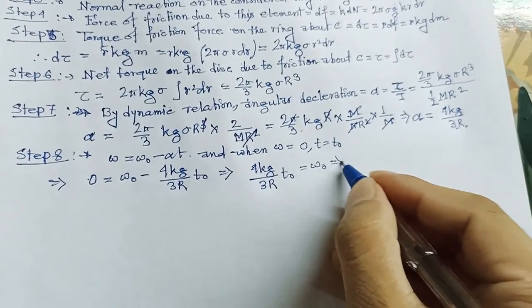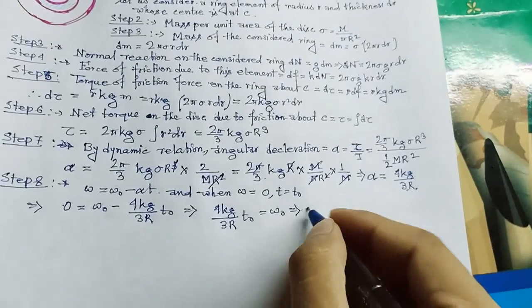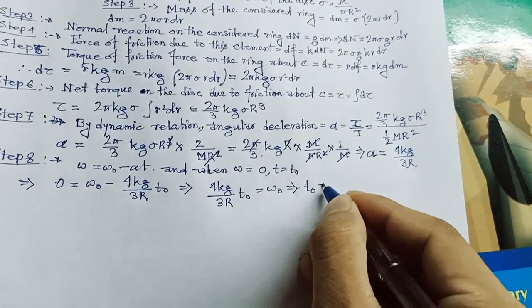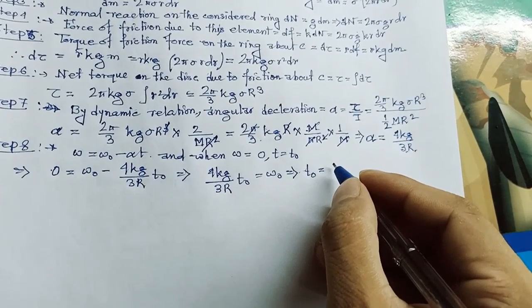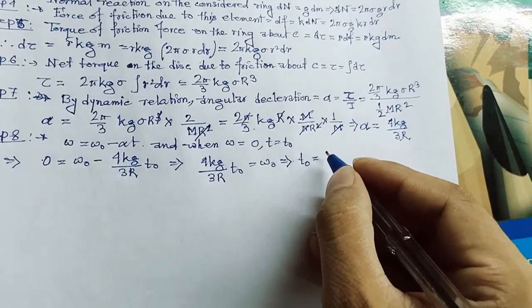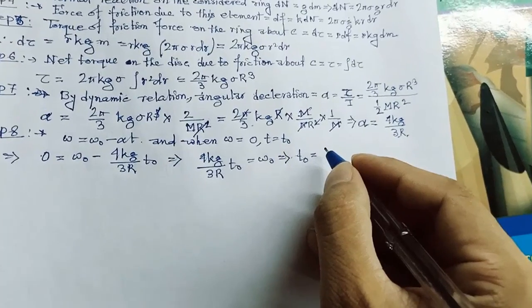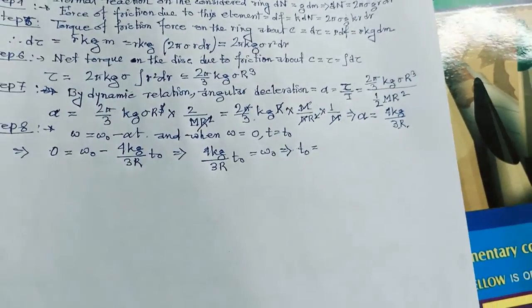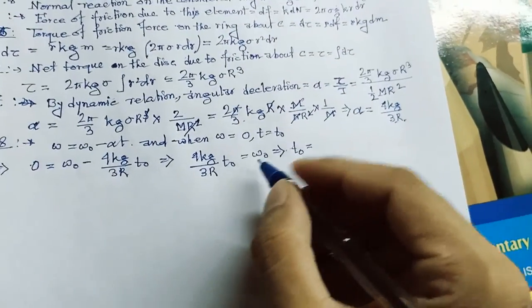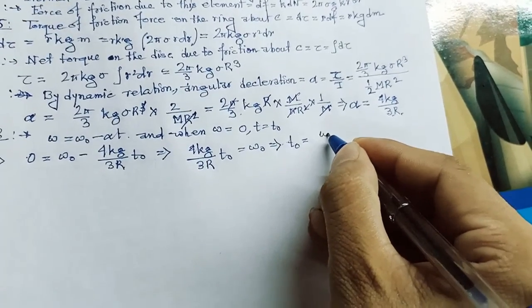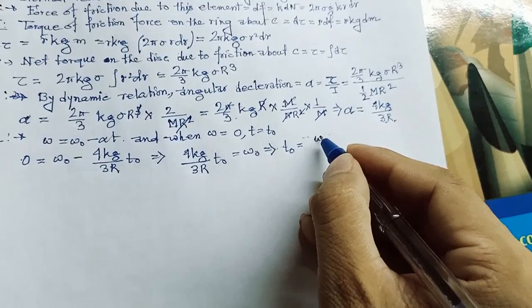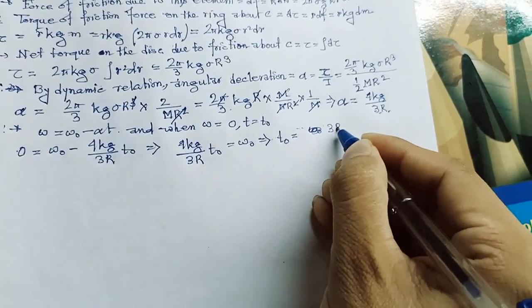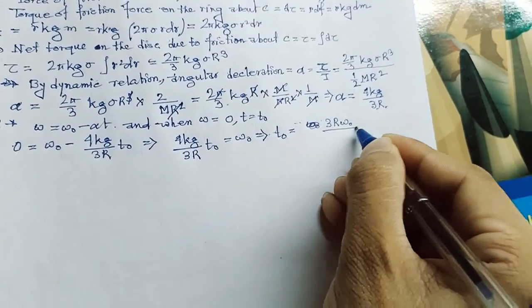So the value of t naught is equal to 3 r omega naught divided by 4 k g.